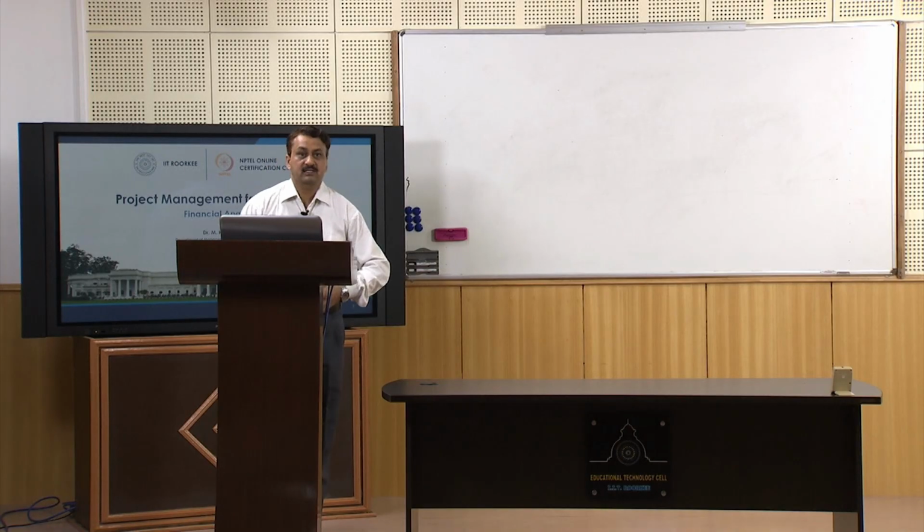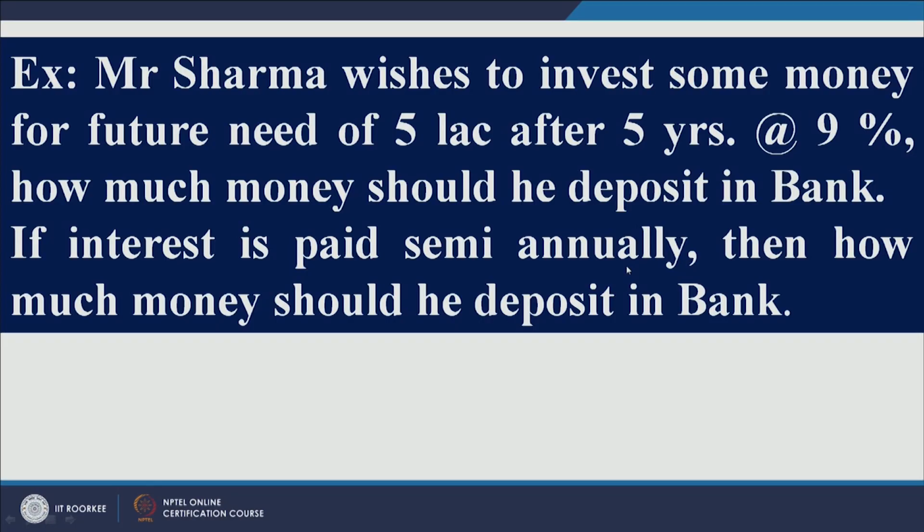Okay, let us look at this question, a very simple question. Mr. Sharma wishes to invest some money for a future need of 5 lakh after 5 years, at the rate of 9%. How much money should he deposit in the bank?